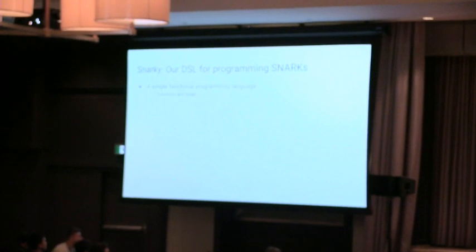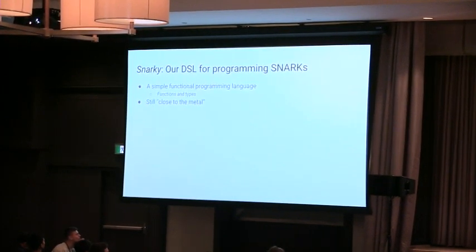And I talked with T-Bolt, who's talking after me at Socrates, and he said they've landed on something roughly similar, so maybe there's something to that. It's still, for those of you who are worried about counting constraints, relatively close to the metal in some sense. You can do abstraction with minimal cost. It uses algebraic effects to model non-determinism.